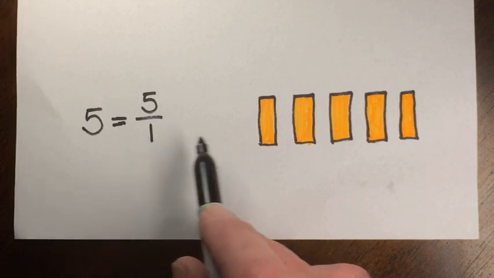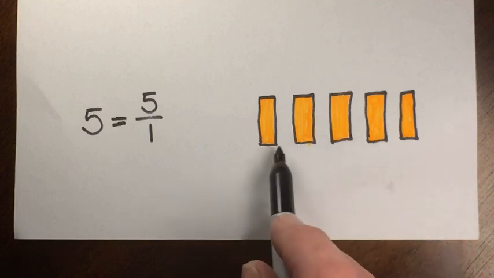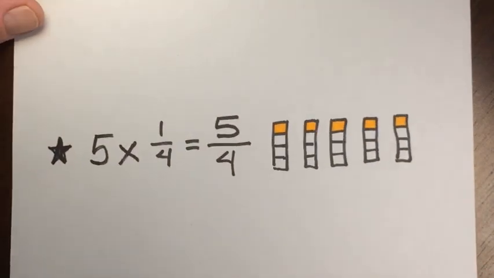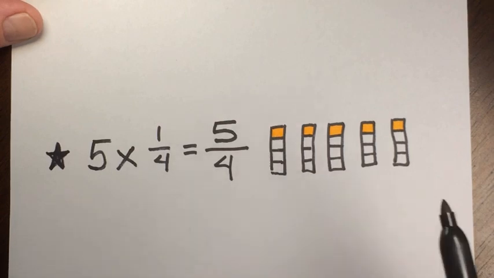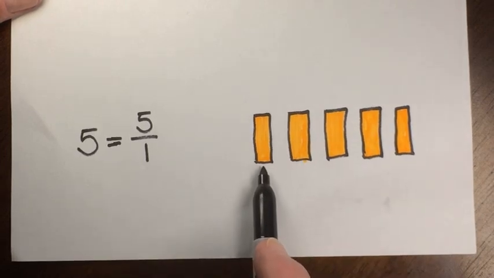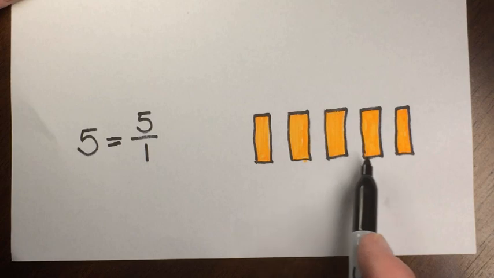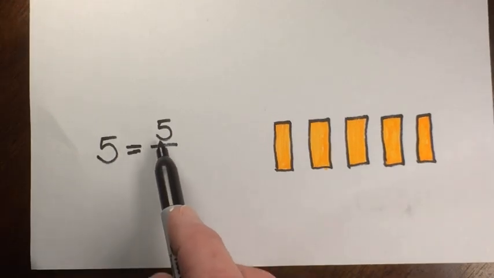Whole numbers are whole groups, they're all shaded in. Up here we had fourths, so there were 4 pieces for each one. But here we have just 1 whole group. So 1 whole group, 2, 3, 4, 5. So 5 really means the improper fraction 5 over 1.